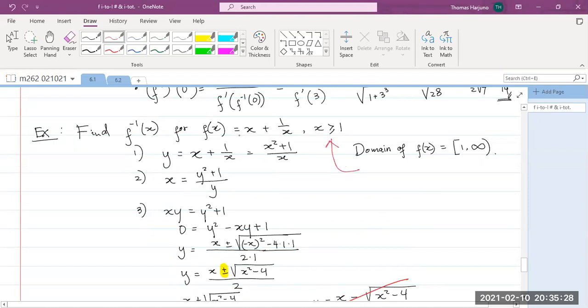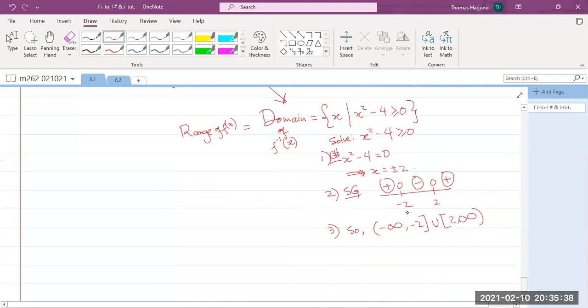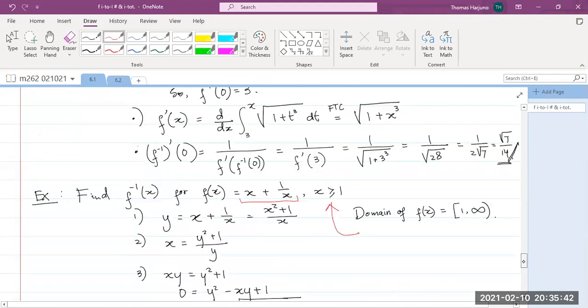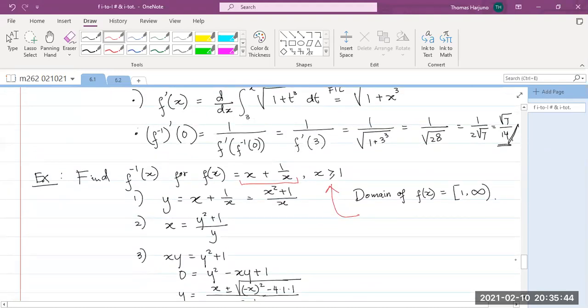From here you see that it won't be less than 2. Okay, so analytically, what about between 0 and 1? There is no x that gives you that.